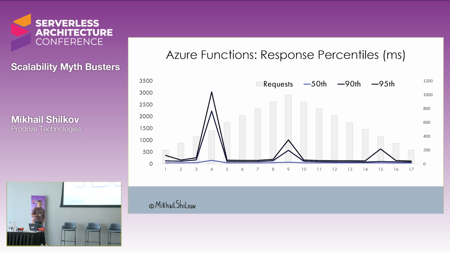You can see that the 50th percentile, the median, is very fast, somewhere around 15 milliseconds. So on average, users get a very fast experience. But even at the 95th percentile, 5% of users are sometimes experiencing a delay, especially on minute 4, where something happened. Not sure what.